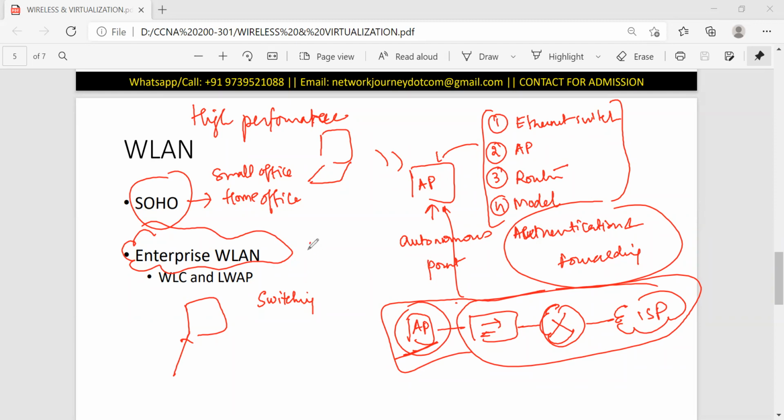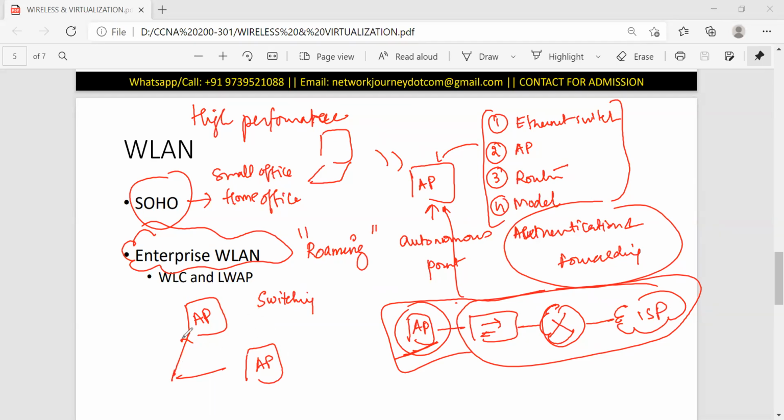You must have heard about the term roaming in mobile communication. So roaming means when you are switching from one access point to another, the handover should happen very smoothly. The handover mechanism.